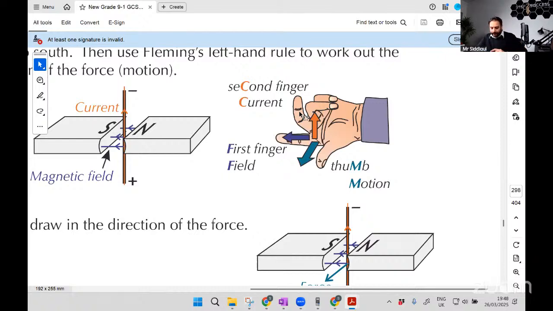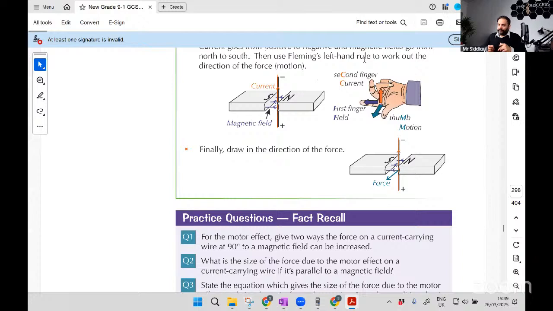And when you do that, your thumb will end up pointing in the complete opposite direction. If I do that way and then swap it over, my thumb's now pointing in the opposite direction. And so that's important to understand, that if you change the direction of either of these two things, either the magnetic field or the current, the force will go in the opposite direction.